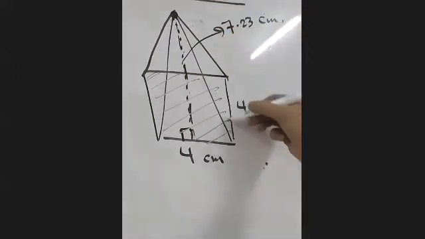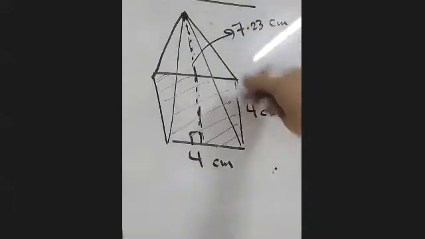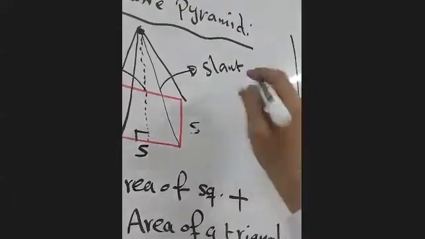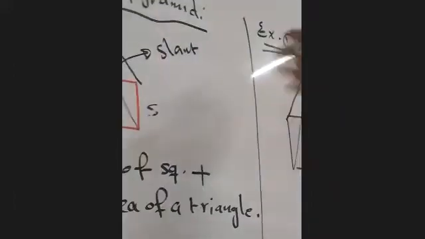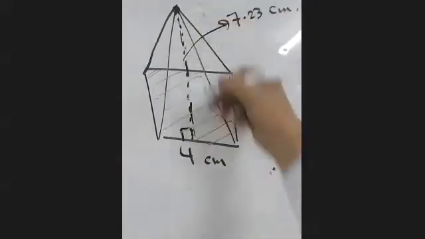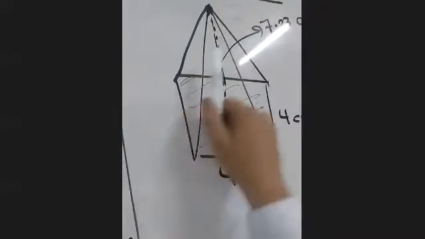This line here, we call it the slant height. You will use it later on with other things. But here in the area, we use the original height. Now, all the 4 triangles, guys, have the same base and the same height.